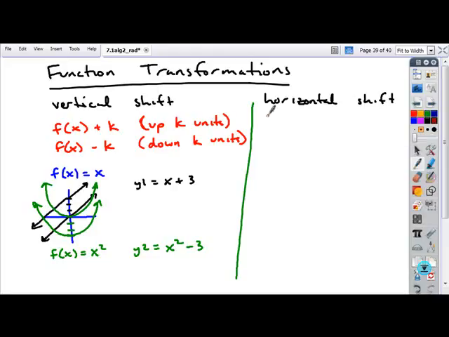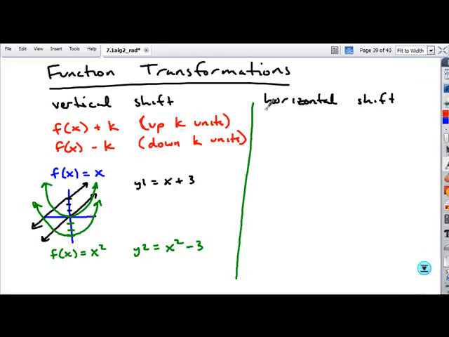Okay, so now horizontal shifting occurs inside the function. And so this is where sort of like the composition of functions comes into play. Okay, if I have my shift, I'm going to call it h here instead of the k, but if I make my adjustment inside the function, okay, this represents a horizontal shift.